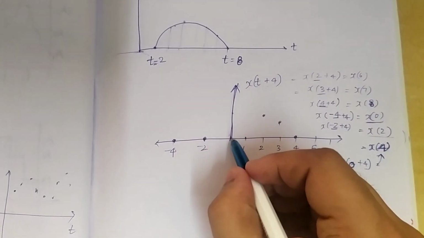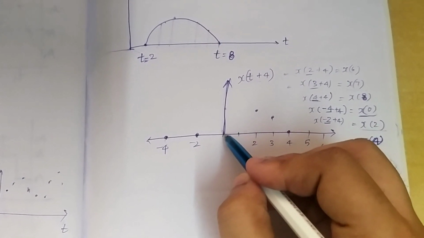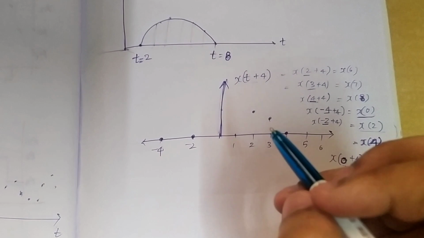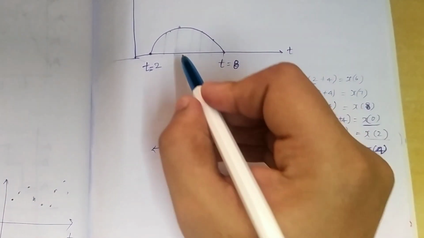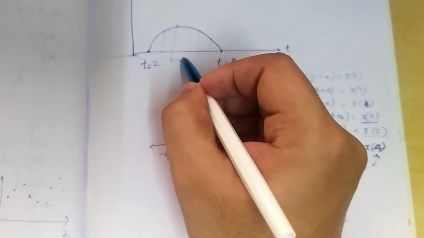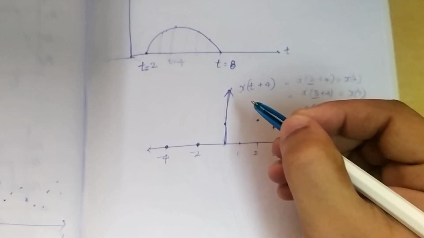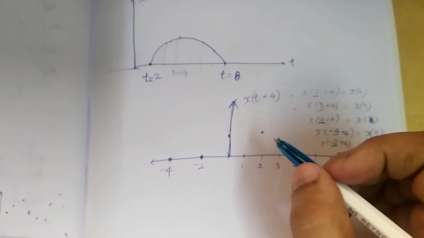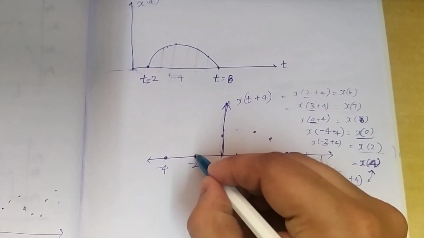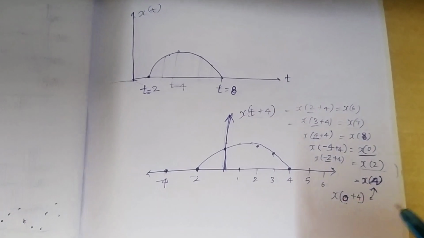So at 0 in this axis, we should be putting the value which was actually there at t is equal to 4. Whatever was there at t is equal to 4 will be coming here at 0, and whatever was there at t is equal to 5 will automatically be coming next to it. So you will be able to roughly plot this, whatever was here, like this.